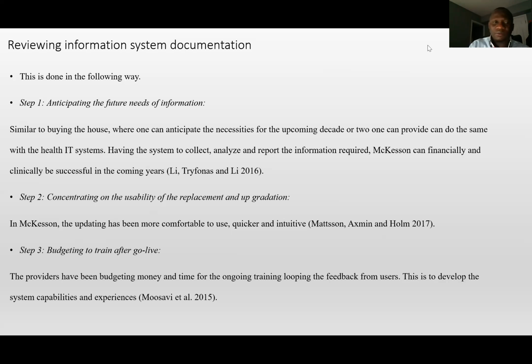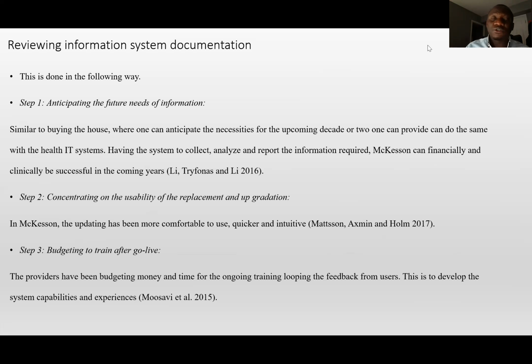So that's the first. The second step is to concentrate on the usability of the replacement and upgradation. In case we want to upgrade the system, we have to review the system documentation for that. Also, budgeting to train after go live. So how we have implemented a whole system on infrastructure, how do we train the users?